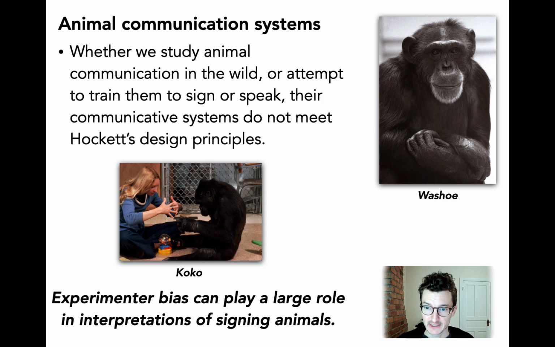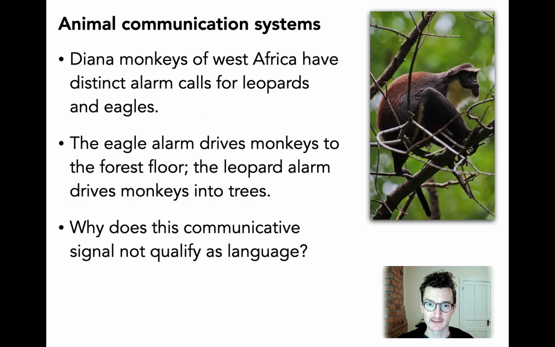The other way that we study communication systems in non-human animals is by looking at animals which have complicated sorts of alarm call systems. The Diana monkey of West Africa is one of these animals. It makes distinct calls in response to leopards and eagles.